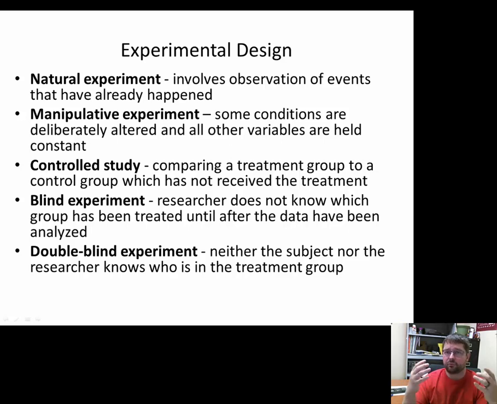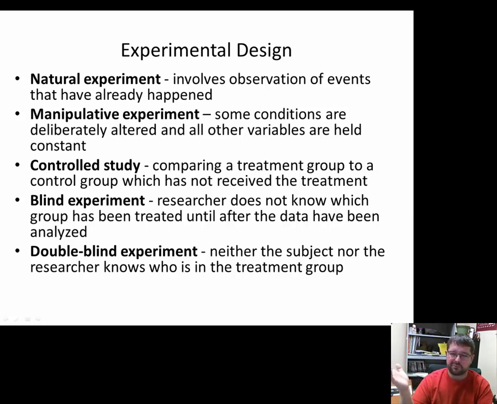That's when we're talking about an experiment that has been set up where the researchers don't know who the experimental group is or who the control group is, and the subject doesn't know who the control group is and the experimental group.